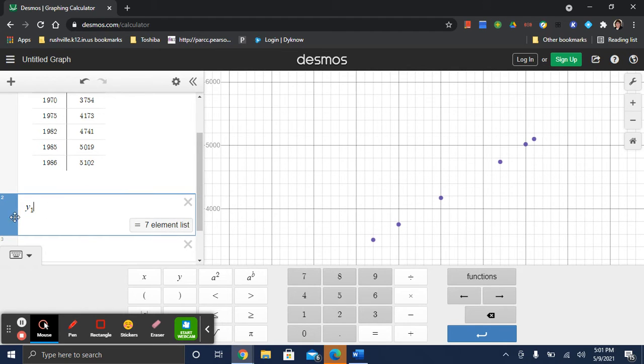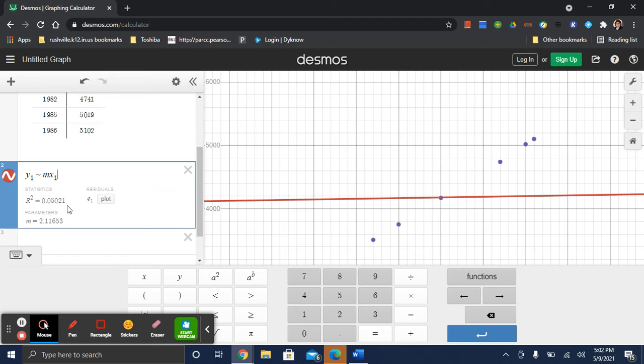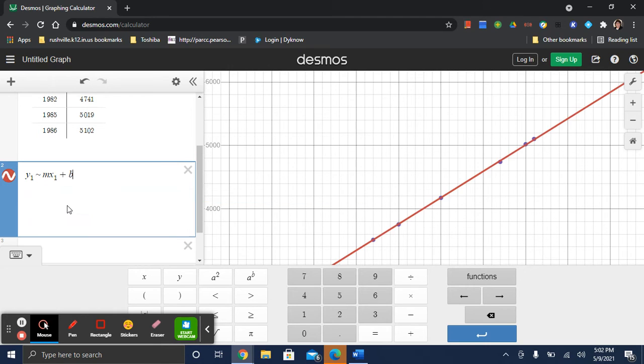And then instead of an equals, you're going to use the, I call it a tilde sign. It's a little wavy symbol. It is right underneath the escape key, and you'll have to shift to get that. And then we're going to make this look like mx plus b, but we'll have to go mx1. And notice I'm just typing the number 1, but Desmos is putting it as a subscript, and then plus b.